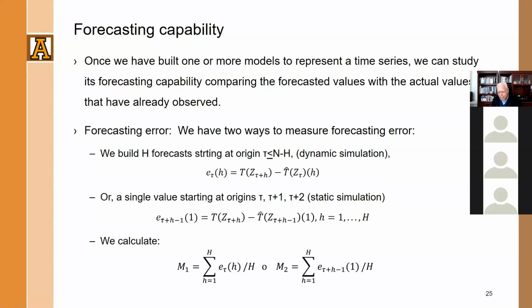Okay, but that's not a good idea. Now we'll see why. And M2 will be the average of the errors in the second, the static method. In either case, we're just taking the errors and averaging them over the H periods that we used to test the accuracy, or to see how good the model is for forecasting.